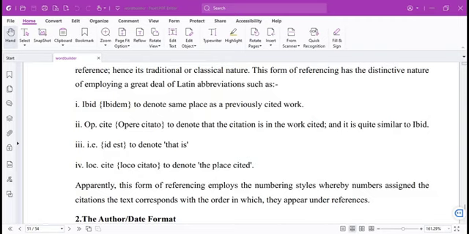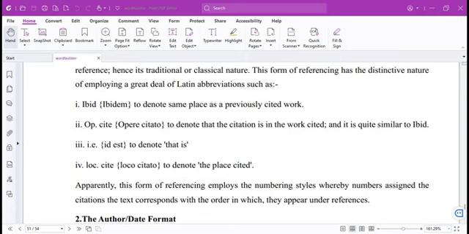Let's look at these Latin abbreviations. You have the ibid, ibidem, which is to denote same place as previously cited work. Then op. cit., opere citato, to denote that the citation is in the work cited, and it is quite similar to this first one, ibid. Number 3, i.e., id est.